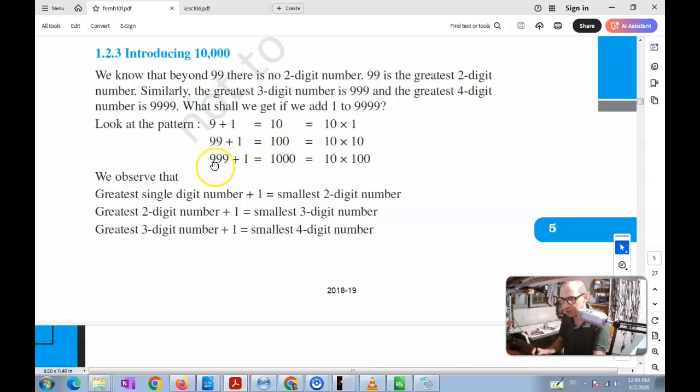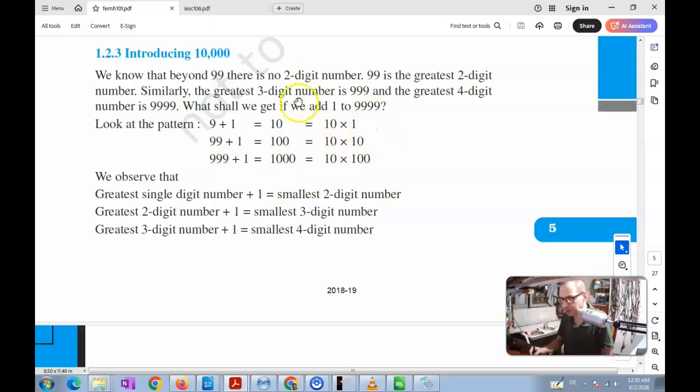If you take 999, which is the greatest 3-digit number, and add 1 to it, you'll get 1000, which is the smallest 4-digit number. So this is the greatest 1-digit number, the smallest 2-digit number, greatest 2-digit number, smallest 3-digit number, and then greatest 3-digit number, smallest 4-digit number.